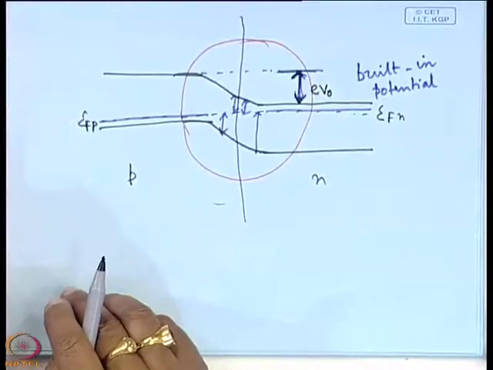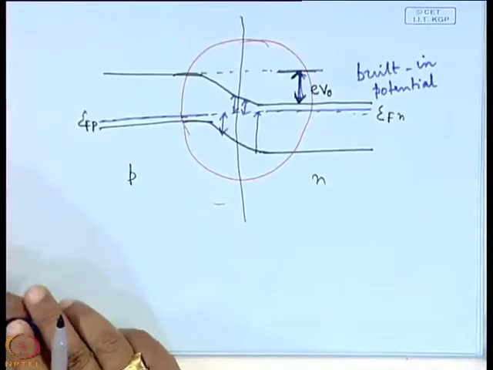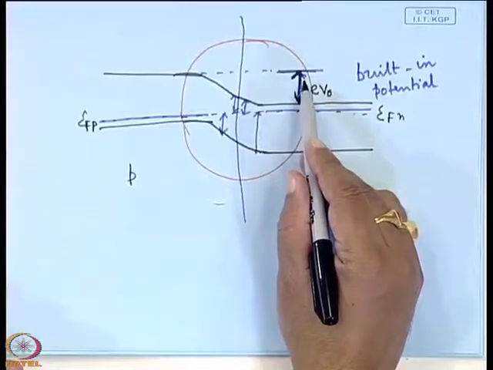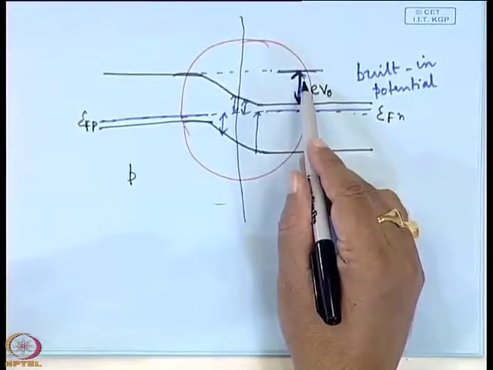That means, as soon as thermal equilibrium is reached, electron movement will not be possible. Why? Because there is a wall, there is a barrier.